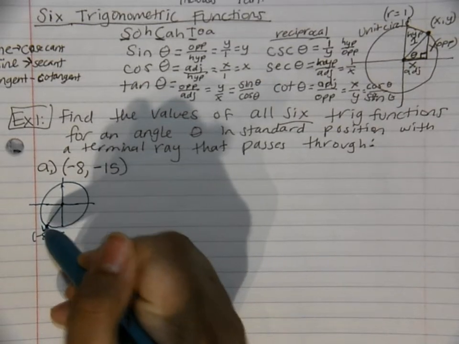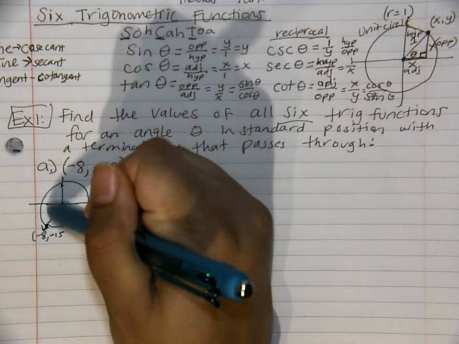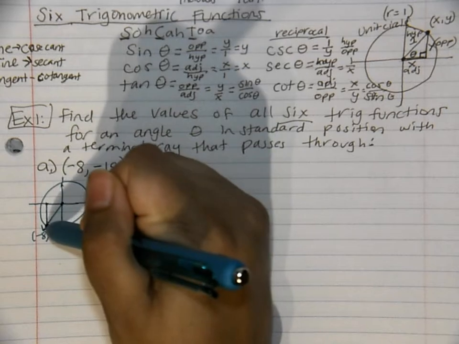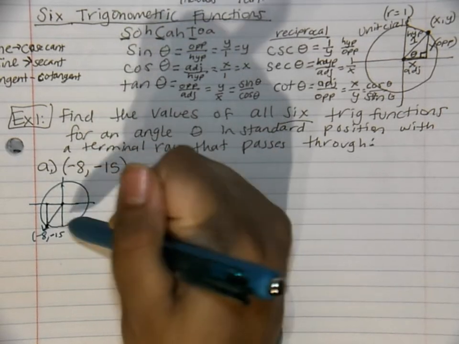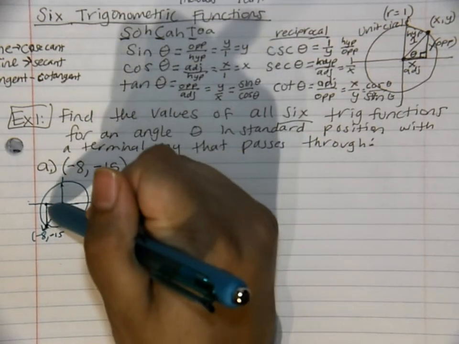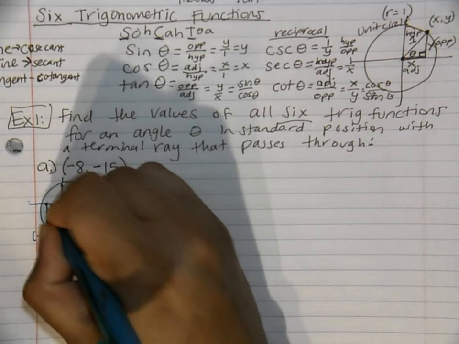A ray would have an arrow like this. What I need to do is create a right triangle by going towards the horizontal x-axis, either up or down depending on where your point is. When I do that, I now have a right angle there, and I have this theta.